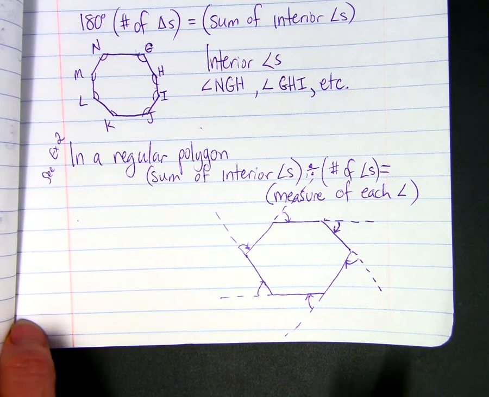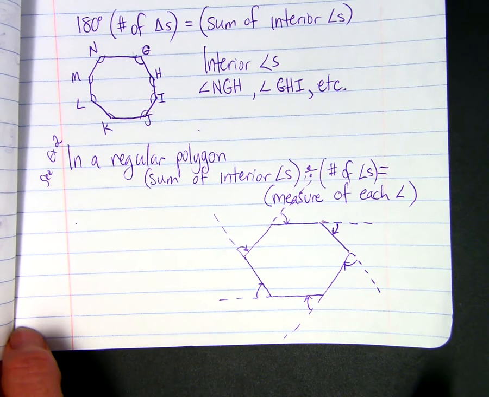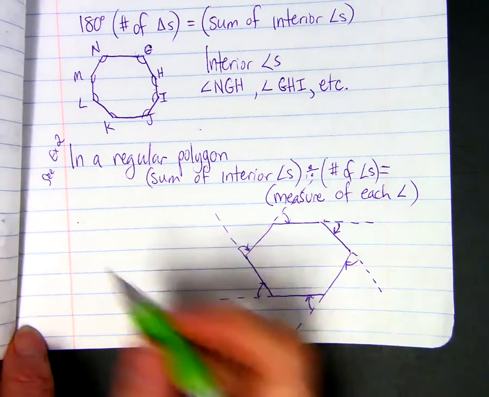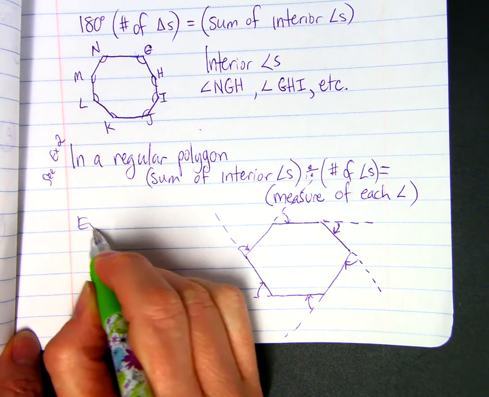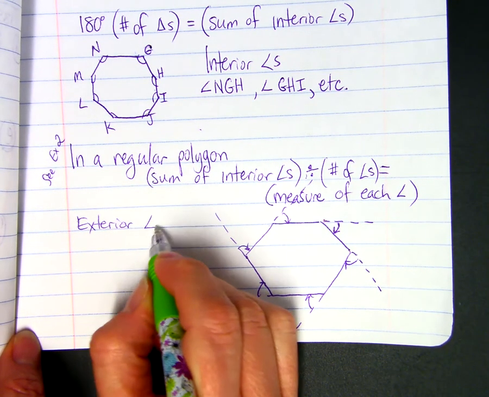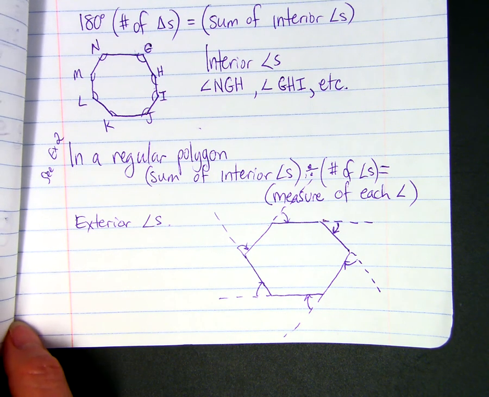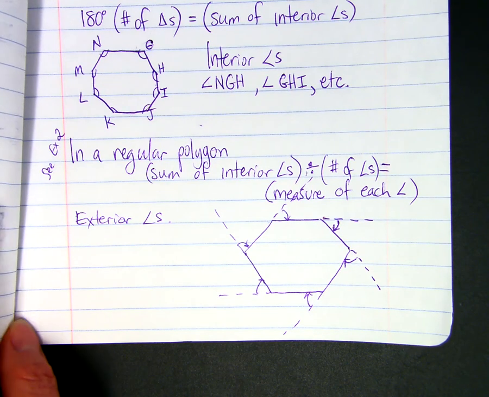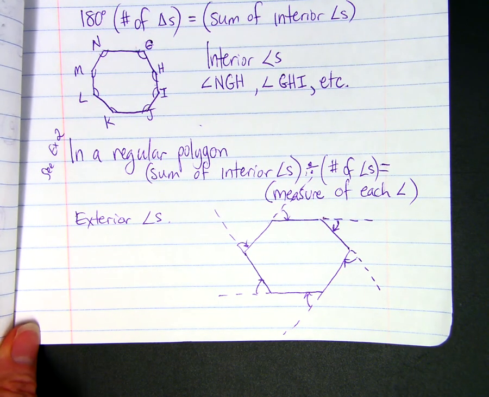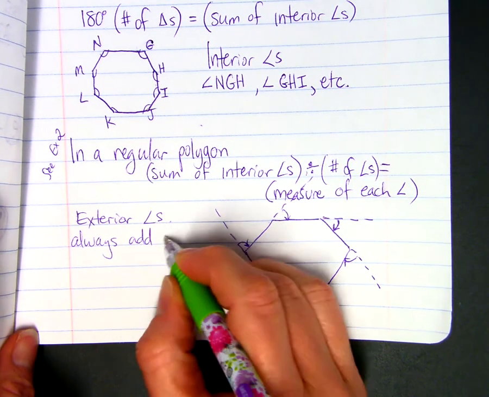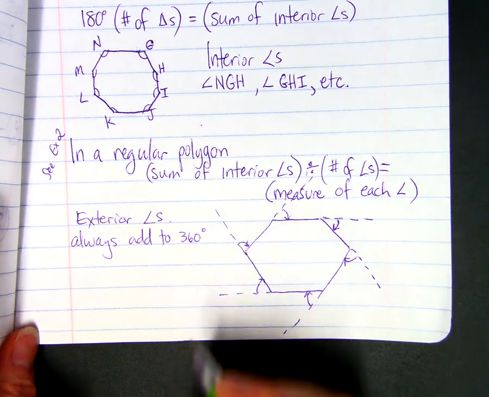So the exterior angles of a polygon always add to 360 degrees. So if you had a regular polygon, actually, any polygon, they're going to add to 360. But for a regular one, you could figure out how many degrees each turn is. So exterior angles always add to 360 degrees.